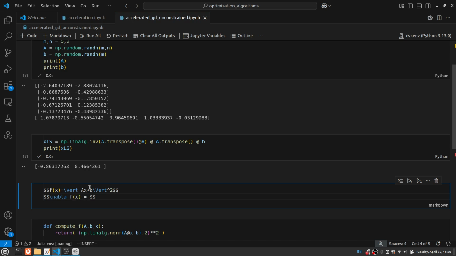What is it equal to? A transpose A x minus A transpose b. Are you sure there's no constant that is missing? So you can evaluate it.